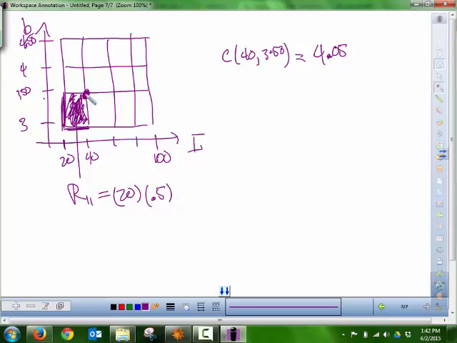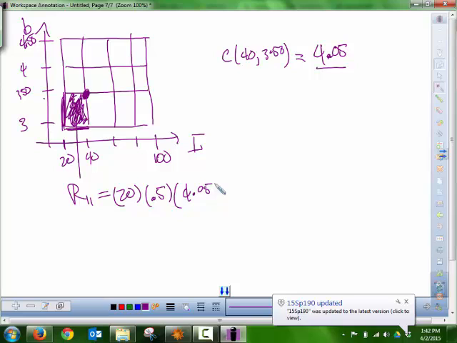And if I'm choosing this, the height is going to be 4.05. So that's for my one rectangle. Let's randomly pick another one.